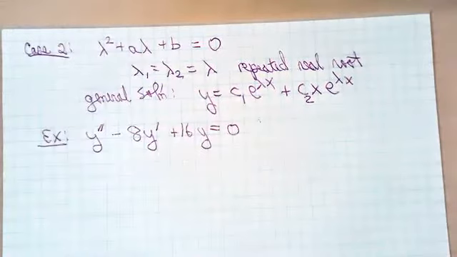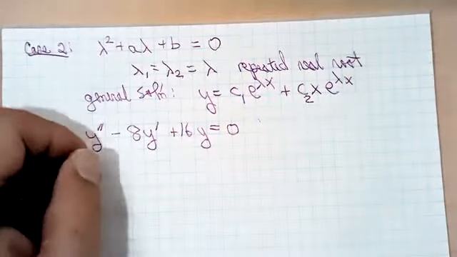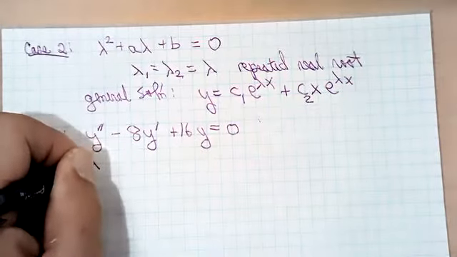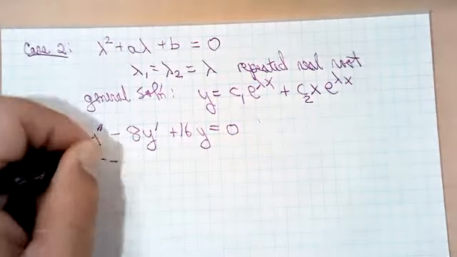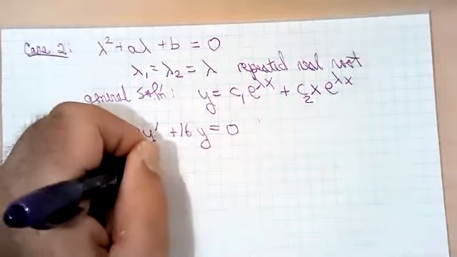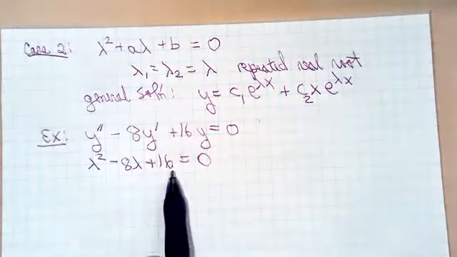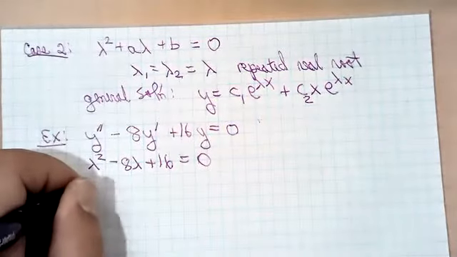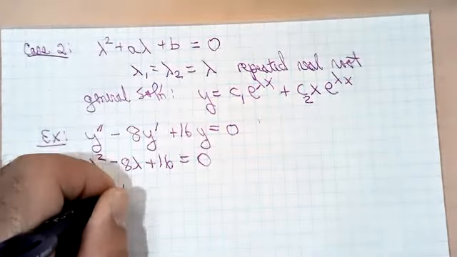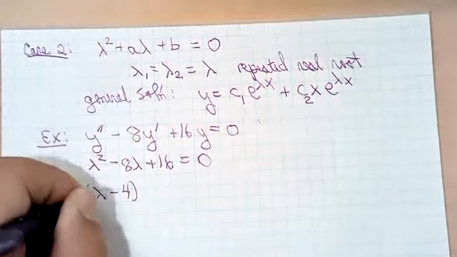And I want to solve this differential equation. Well, when I write down my characteristic polynomial, I'll get lambda squared minus 8 lambda plus 16 equals 0. And 16 is a perfect square. So it looks like lambda minus 4 would be a factor. And in fact, it is.